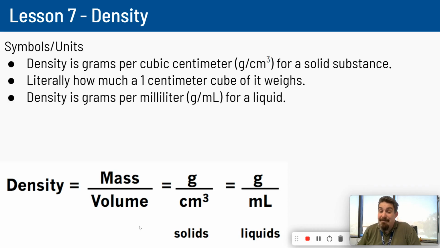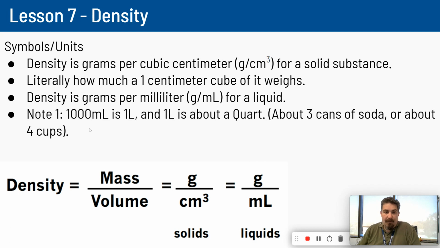Density is grams per milliliter for liquids. Now, 1,000 milliliters is 1 liter. You've probably heard of liters. 2 liter is 2 of those liters. And 1 liter is about a quart. And this is roughly 3 cans of soda or 4 cups. A lot of ways to think about this.